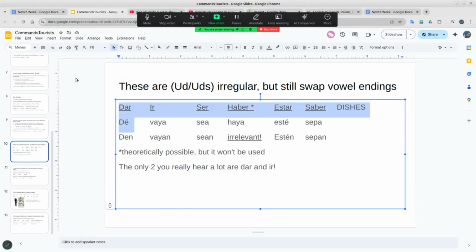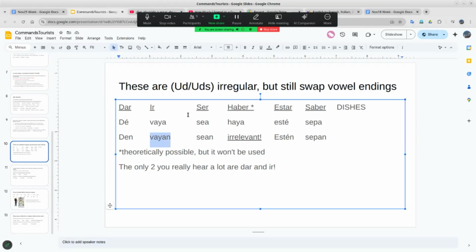So they obey the idea of opposite vowel: de and then, opposite vowel, vaya, vayan, yeah. But they don't start with the yo form. There is no o at the end of the yo form for you to drop.